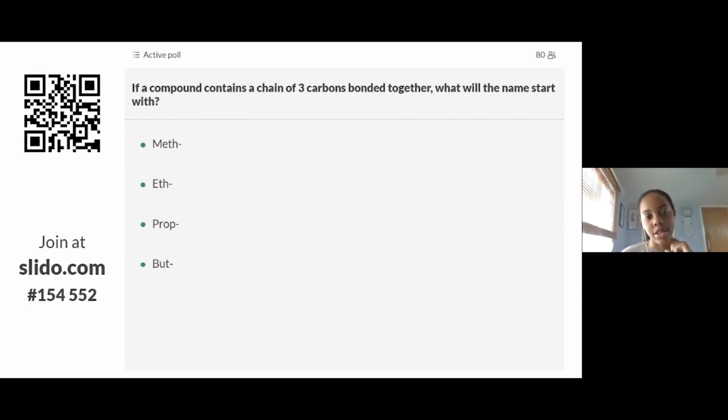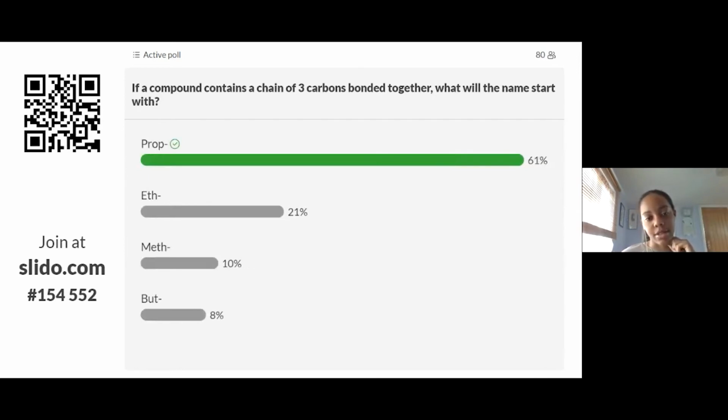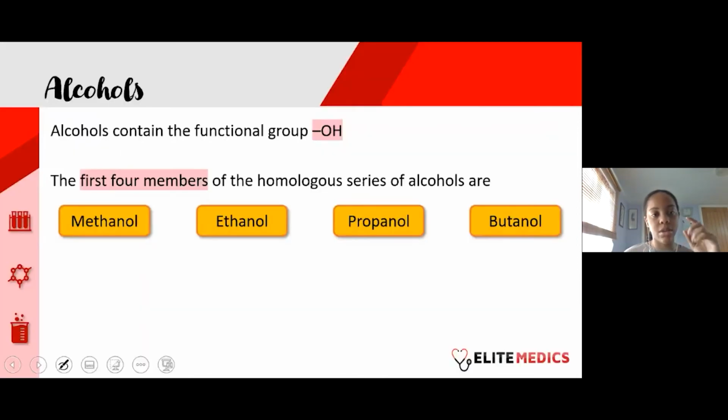Okay, let's see what you guys have said. Lovely. Yes, so 61% of you got that correct. Yes, it is prop. Okay, so one of the cool things, okay, we'll stop here. So one of the cool things about organic chemistry in general is that it is a lot of patterns, okay?